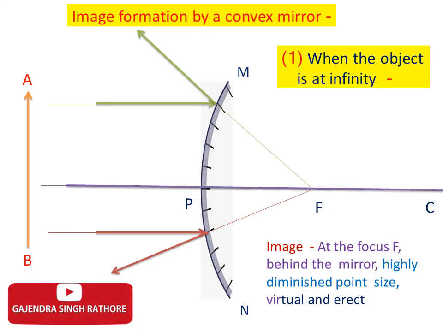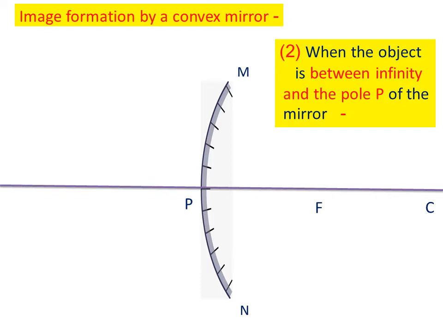And what will be the image when the object is at a finite distance? When the object is between infinity and the pole P of the mirror, or you can say the object is at a finite distance from the mirror, this is our second case. Here AB is our object.